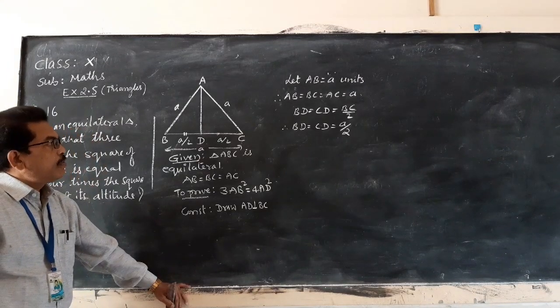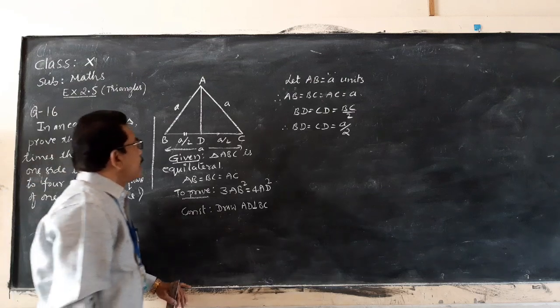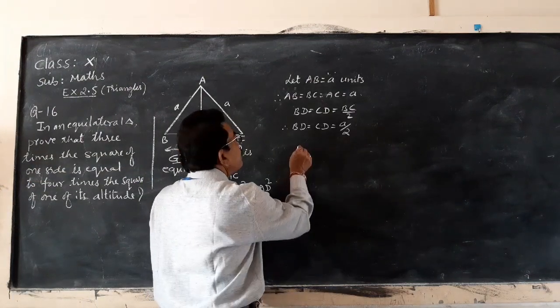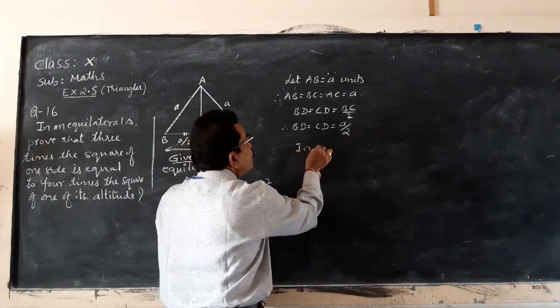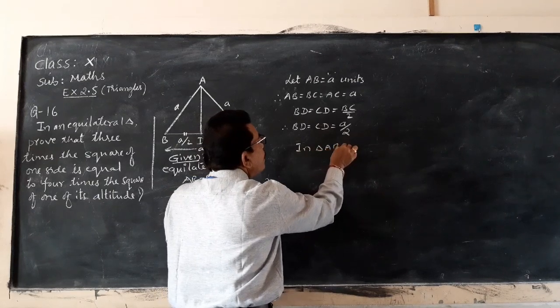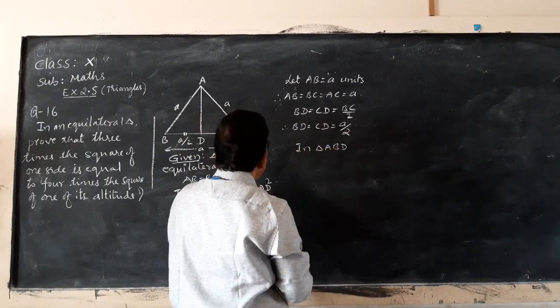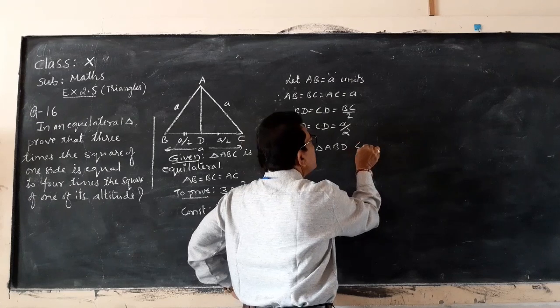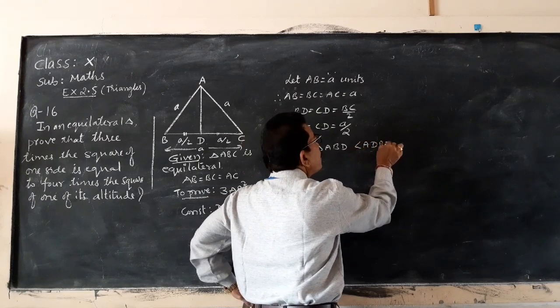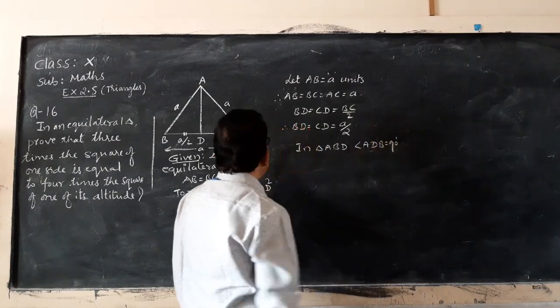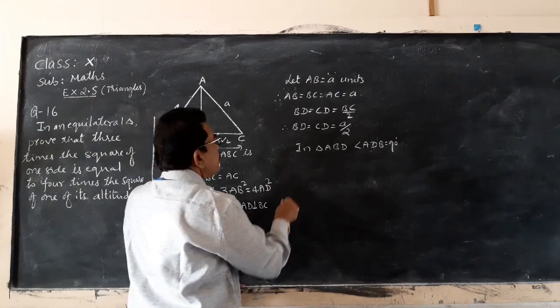Now, let us consider one of the right angle triangles. In triangle ABD, angle ADB equals 90 degrees.